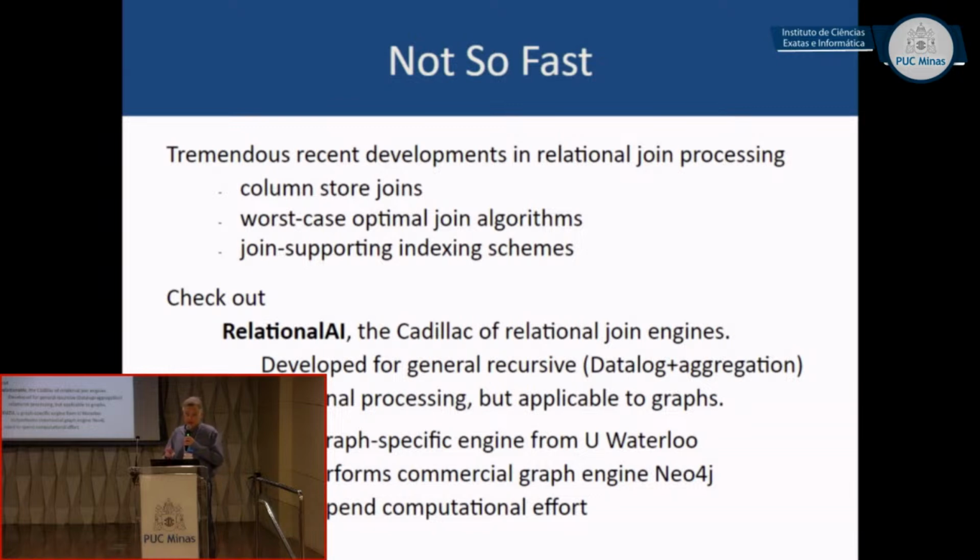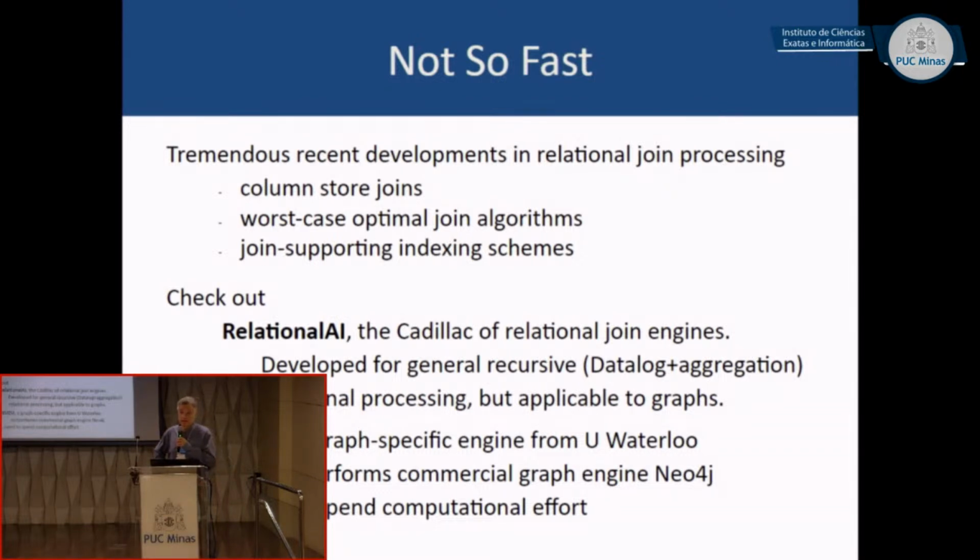I would like to just quickly point to two of them. Relational AI, which is really the best relational join engine out there, developed for a much more general problem, computing recursive tasks over relational tables, using Datalog extended with aggregations and a bunch of bells and whistles. It incorporates all the best techniques from worst case optimal joins.